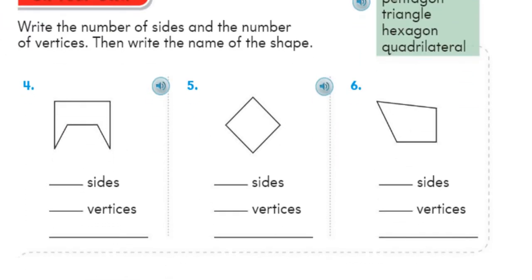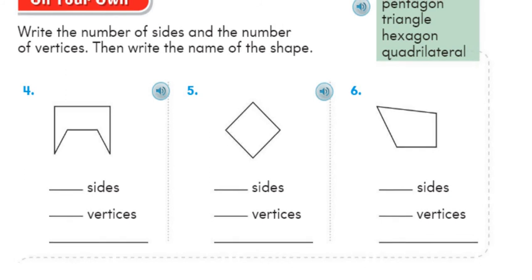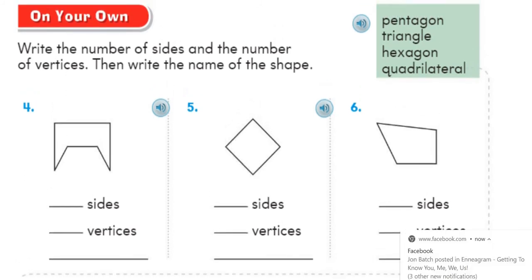more practice here. Now, last page, they gave us the name of the shape, and now we have to name them. Okay, so how many sides? 1, 2, 3, 4, 5, 6. And remember, if it's a 6-sided shape, we call that a hexagon.